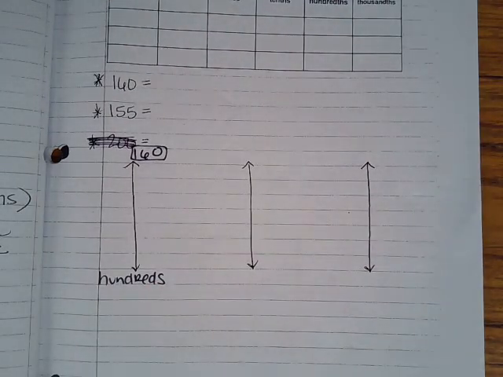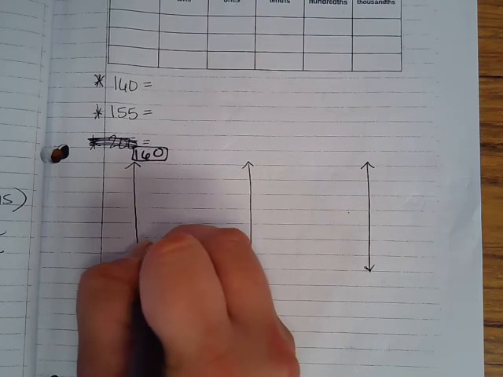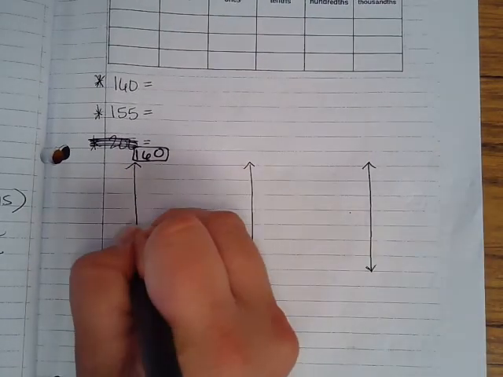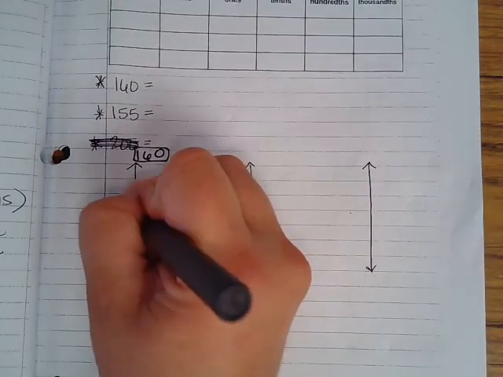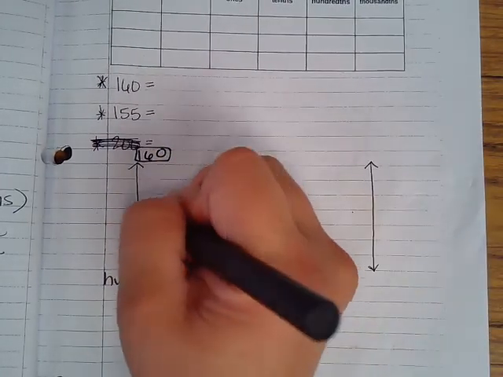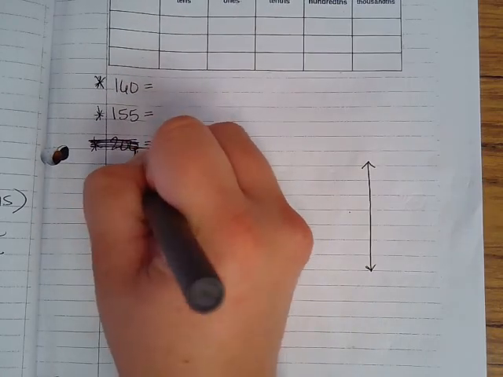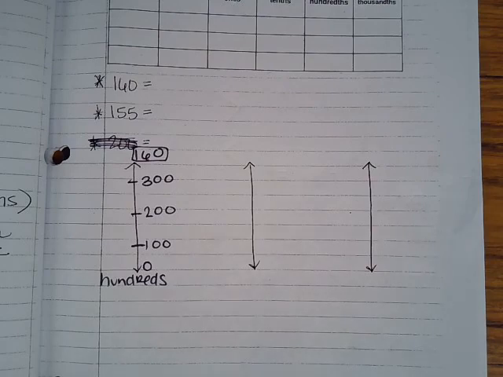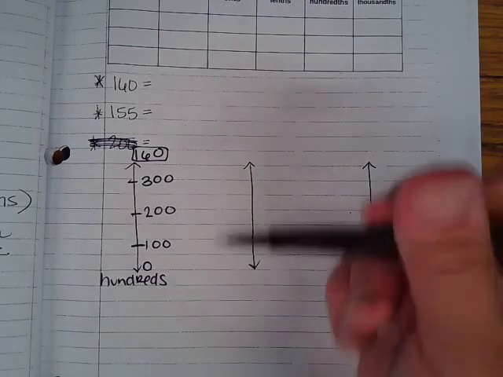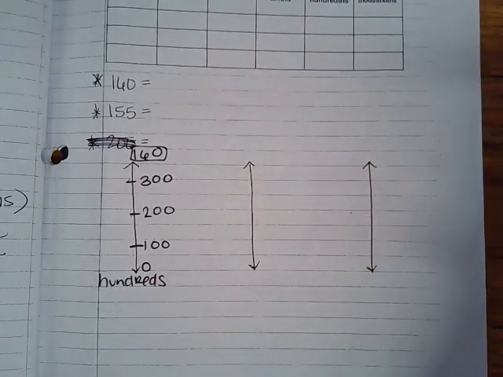So if we're starting a number line, I'm going to start with 0, and then I'm going to label it 100. Since we're doing the hundred spot, I'm going to be counting the number line by hundreds: 200, and we'll go to 300, okay? So the first thing I need to look at is, where does 160 live on the number line?